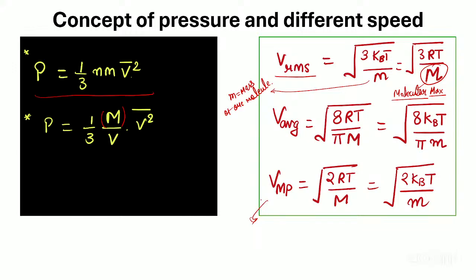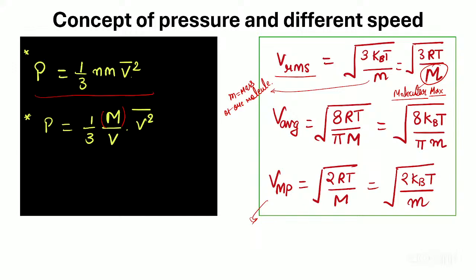So we can say that the velocity of a molecule, whether V_rms, V average or V_mp, holds a relation inversely proportional to the mass and directly proportional to the temperature of the gas.